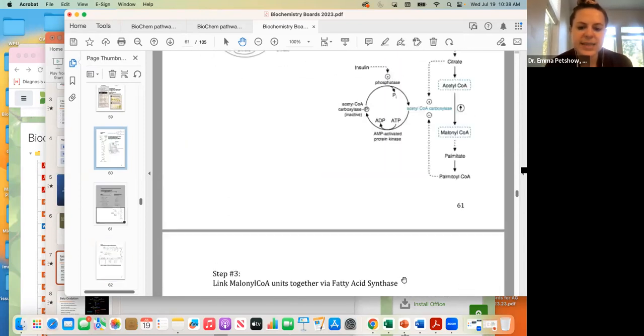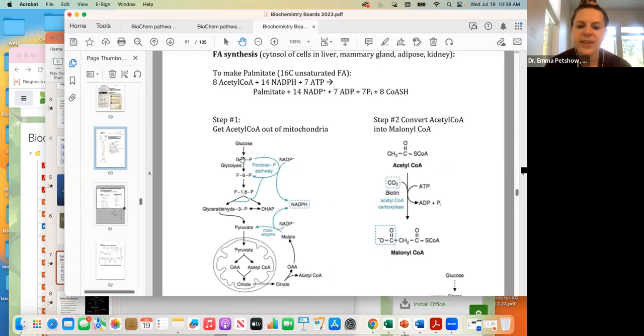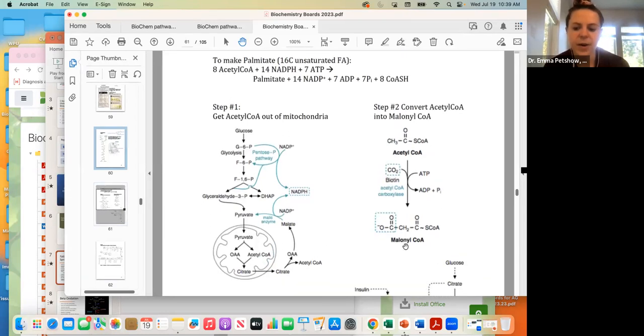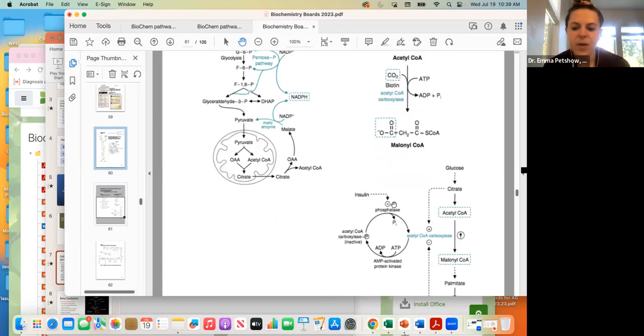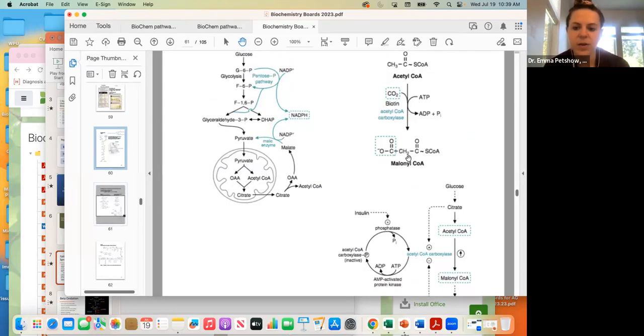The most important pieces to note about fatty acid synthesis: know it occurs in the cytosol. Know that you have to get acetyl-CoA out of the mitochondria via the citrate shuttle. Your rate-limiting step is acetyl-CoA carboxylase with biotin, making malonyl-CoA. Then you continue to create these malonyl-CoA units with your acetyl-CoA substrate.